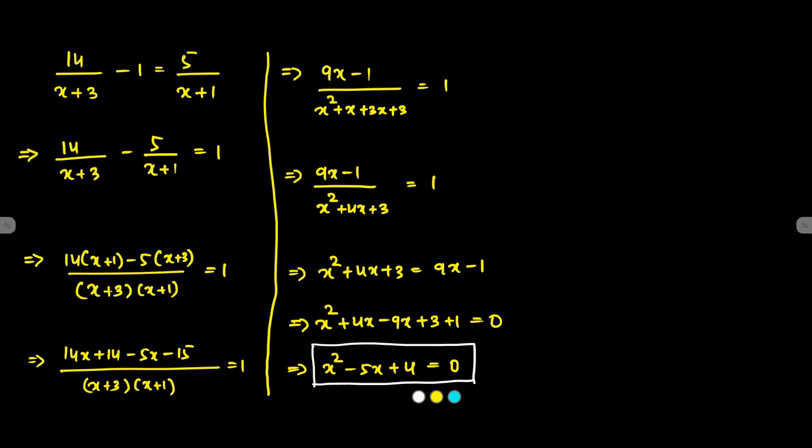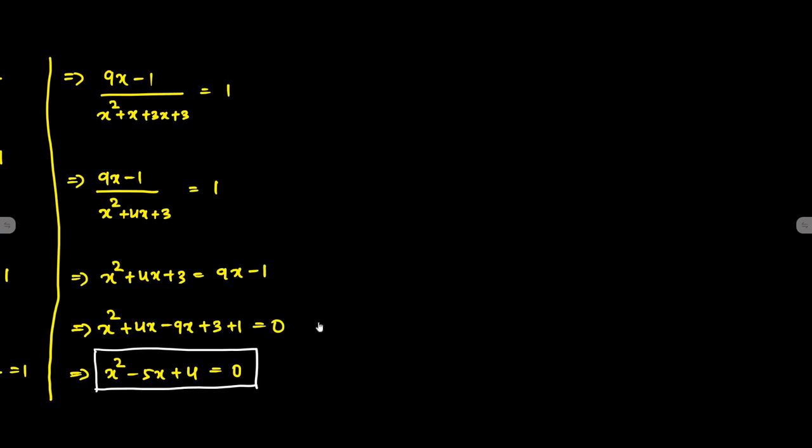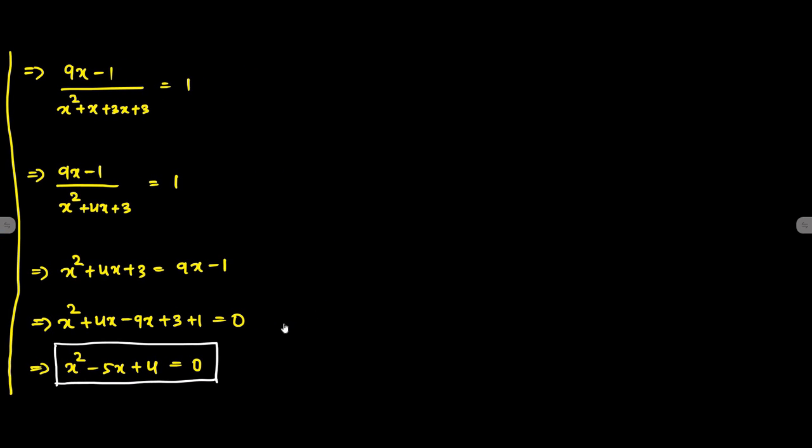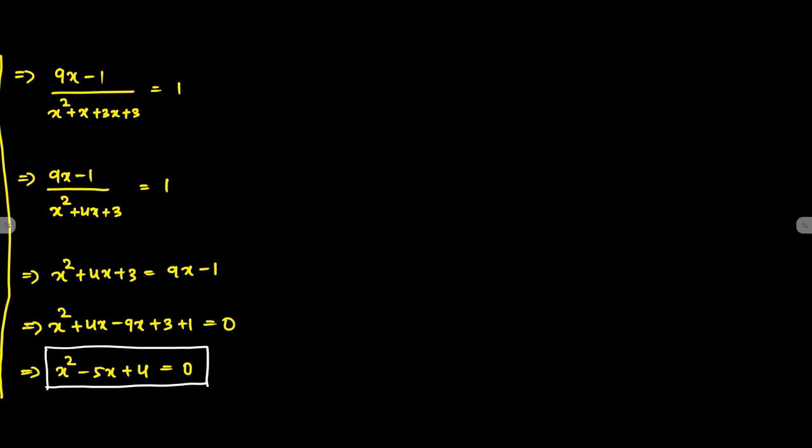Now we have to just solve it by factorization method. So we have x square minus 5x plus 4 is equal to 0.